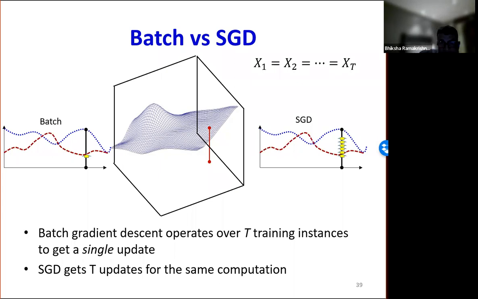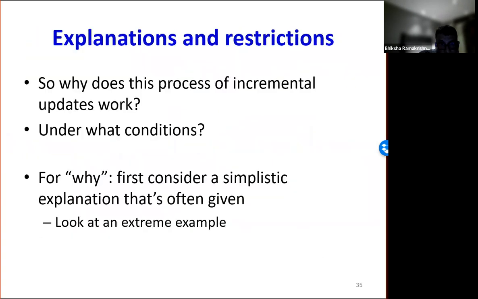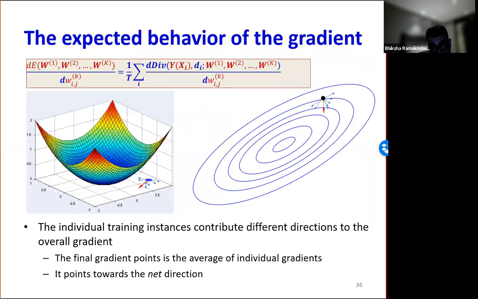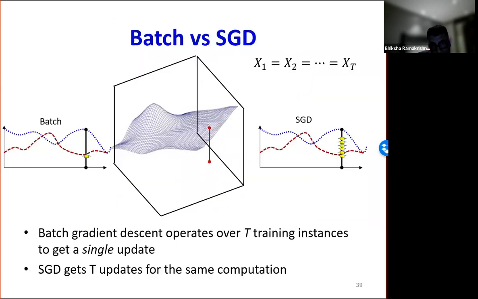In other words, this stochastic gradient descent method makes an update after each instance. And why is this called stochastic gradient descent? Again, just to make this clear, the stochastic part has to do with the fact that you're randomly selecting your training points each time. It's still gradient descent, but it's an incremental update scheme.